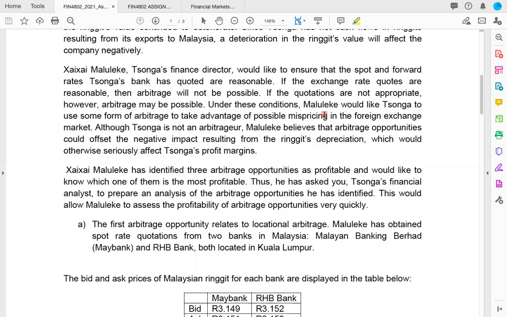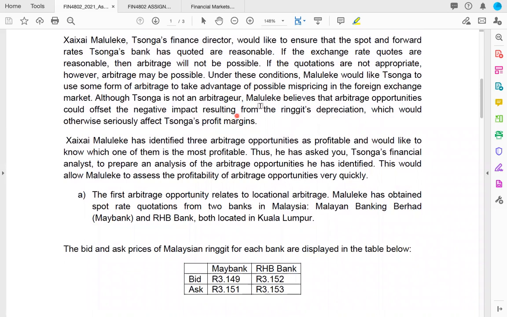Under these conditions, Maluleke would like Tsonga to use some form of arbitrage to take advantage of possible mispricing in the foreign exchange market. Although Tsonga is not an arbitrageur, Maluleke believes that arbitrage opportunities could offset the negative impact resulting from the ringgit's depreciation, which would otherwise seriously affect Tsonga's profit margins.